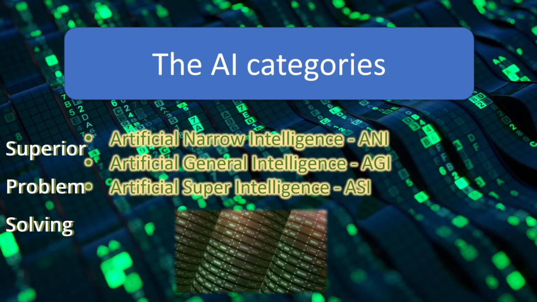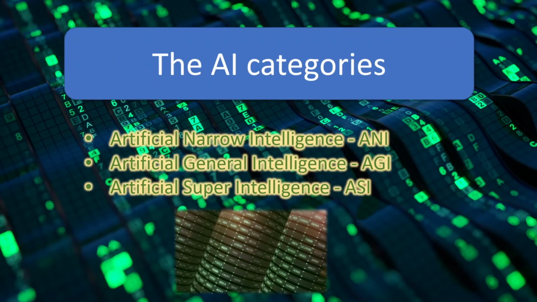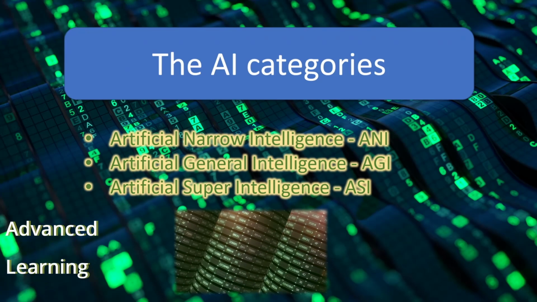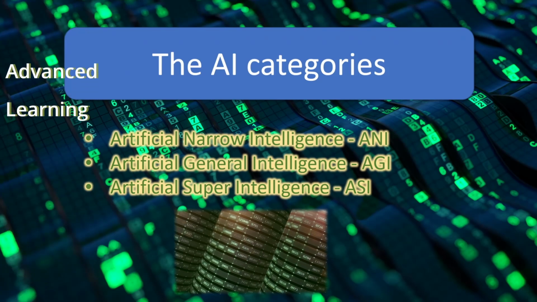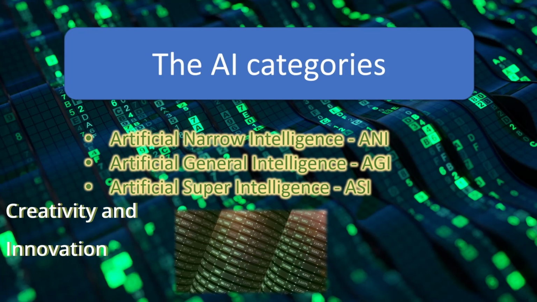Superior problem solving. An ASI system would be able to solve complex problems more efficiently and effectively than the best human minds. Advanced learning. It could learn and adapt at an accelerated pace, continuously improving its knowledge and capabilities. Creativity and innovation.